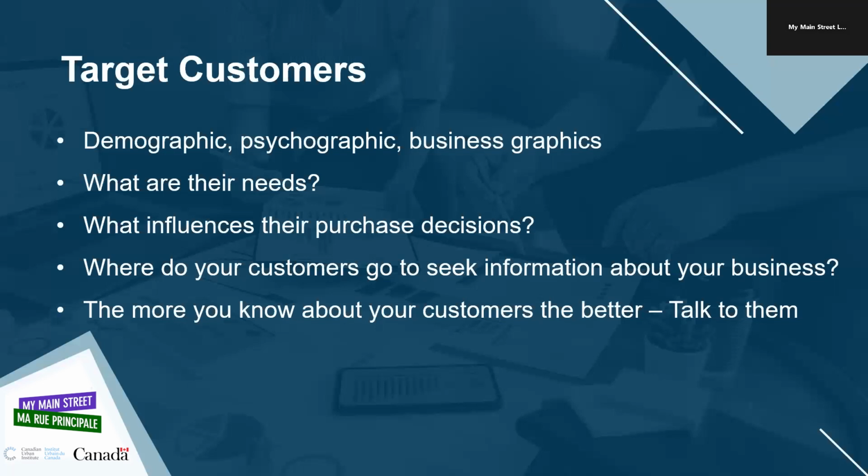So trying to understand what influences the customer's purchasing decision is really key. I'll give you an example. I'm obsessed with fruit and veg, and quality fruit and veg. And I'm always prepared to pay a little bit more for quality, but that doesn't mean everybody's like me. So if you're selling fruit and vegetables to me, the things that will influence my decision are the quality, the merchandising, those types of things. Actually, merchandising is a really important thing.